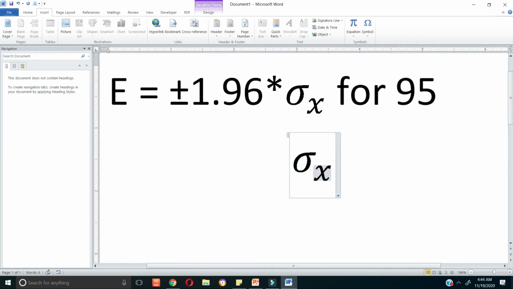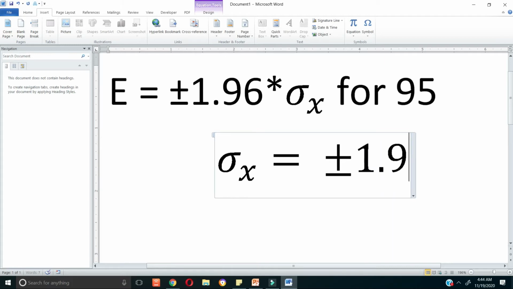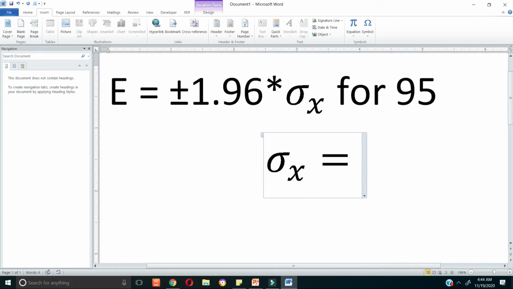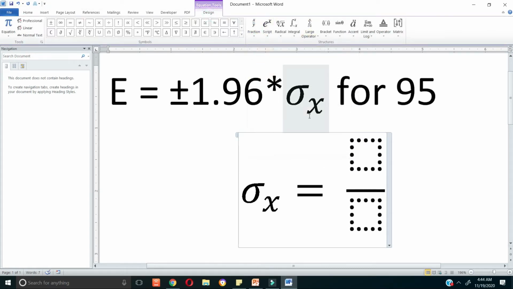So sigma x is going to be equal to plus or minus 1.96. Sorry, talk about sigma x. So sigma x is going to be equal to, we're going to need an equation.